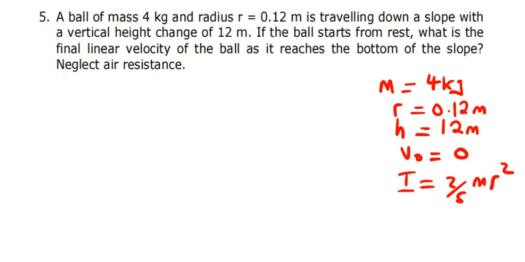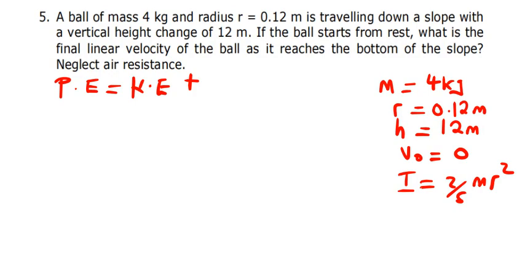So let's start. All our potential energy, initially it had potential energy. As it starts moving, you're going to have your kinetic energy, plus you're also going to have your rotational kinetic energy.